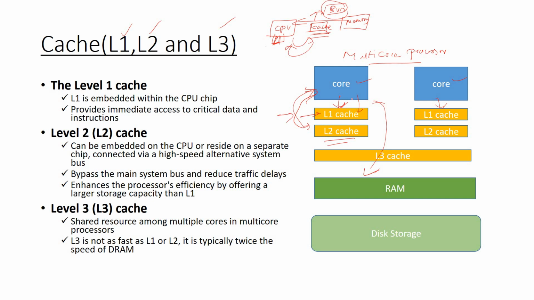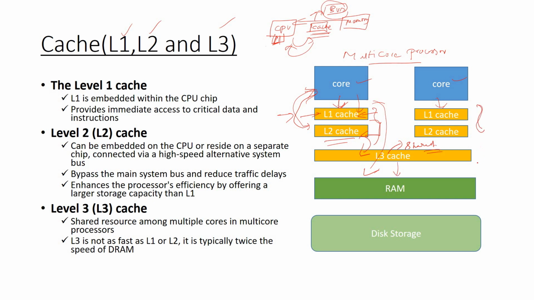When the core or CPU checks for the instruction in L1 cache, if it is not present, then it will check in L2 cache. If it is present in L2 cache, the core will execute the instruction present there. Otherwise, it will check in L3 cache. This L3 cache is a shared cache among multiple cores within the CPU. It is not very fast when compared to L1 cache and L2 cache, but it is faster when compared to the RAM or DRAM.